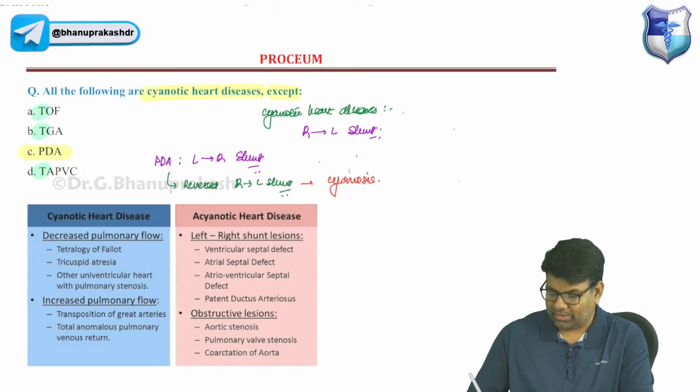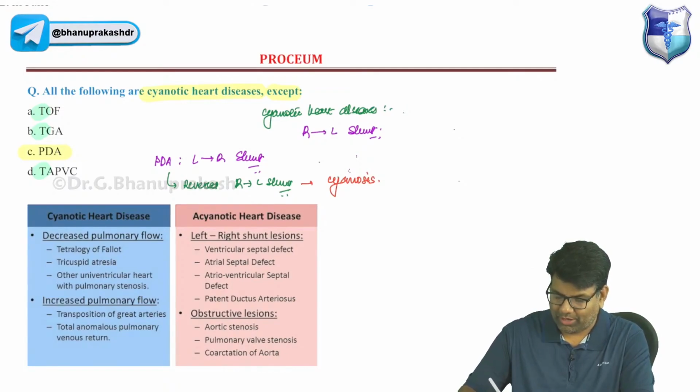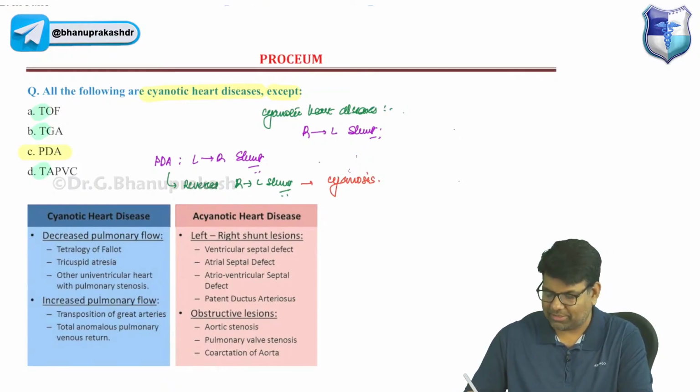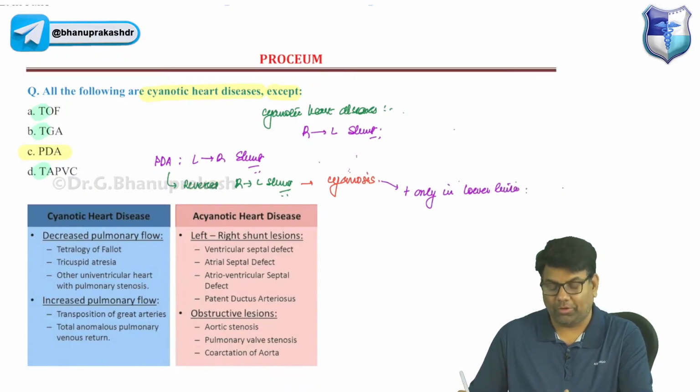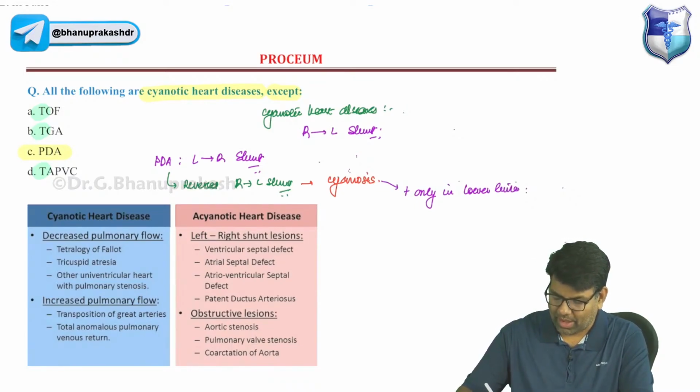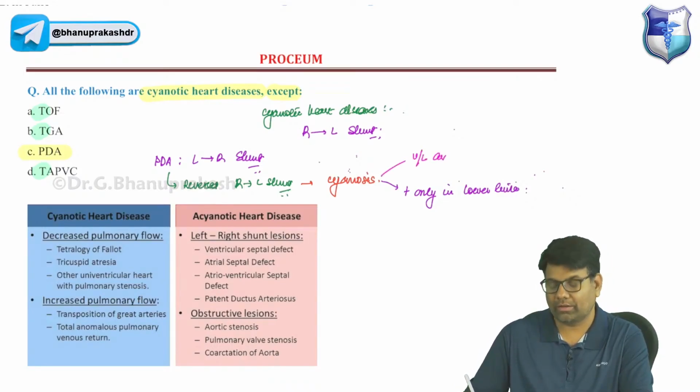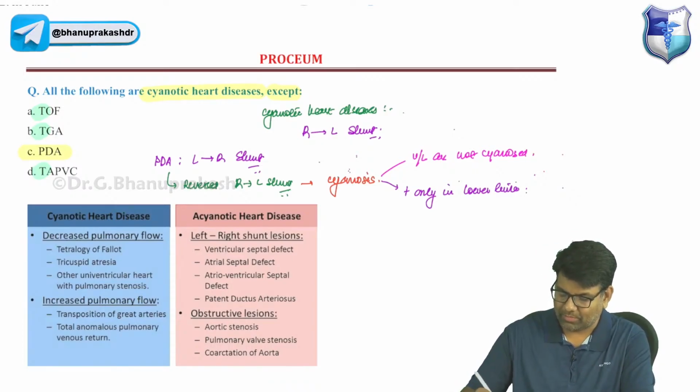Now the point is that this cyanosis is present only in lower limb. So the cyanosis is present only in the lower limb and the upper limbs are not cyanosed. It is only the lower limb which will show cyanosis, and this is known as differential cyanosis.